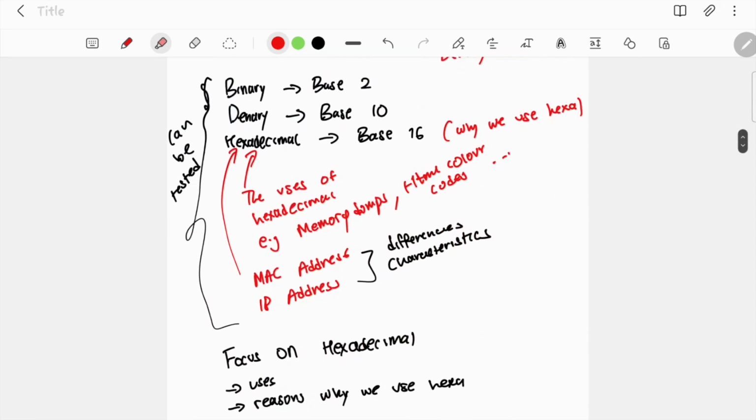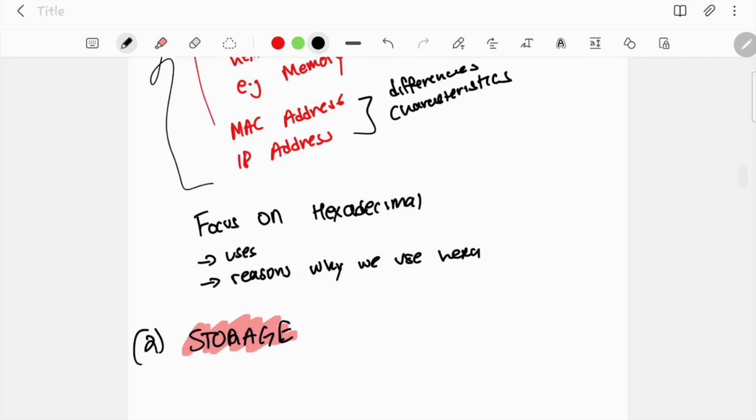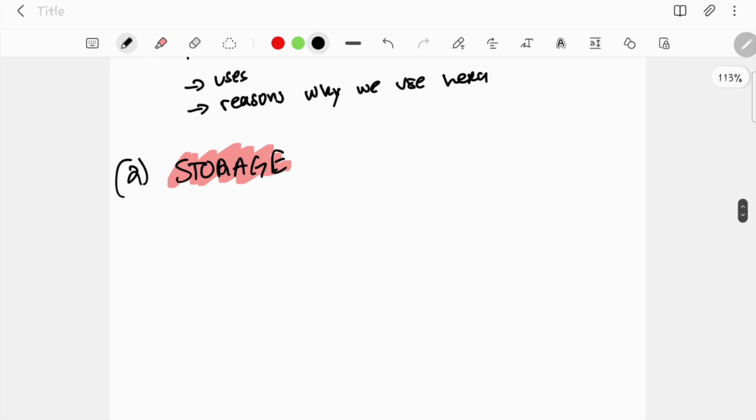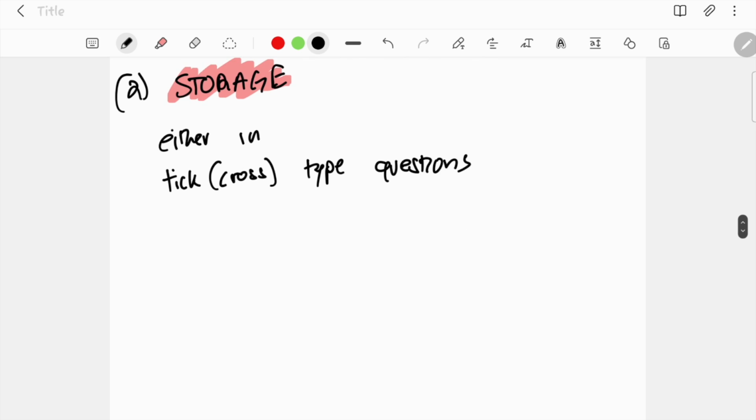Now storage, I think there's chances of it coming, but this one will either come in tick or cross type questions. Okay, now in these types of questions, note that usually there could be more than one, so you could tick more than one. Okay, then they could say in explain type ways, explain, for example, mp3, MIDI.